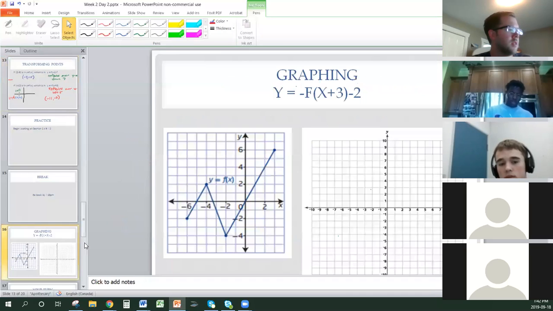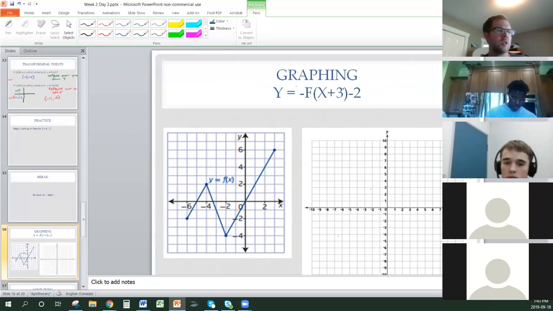So what we're going to do in this one is we're actually going to take it one step further, and instead of transforming one point, we're going to transform a few different points. So if we have this as our function, this rigid function here, we are going to transform it using this transformation.